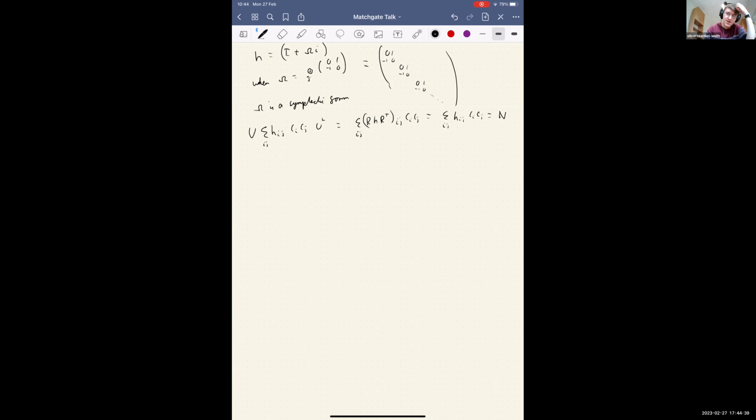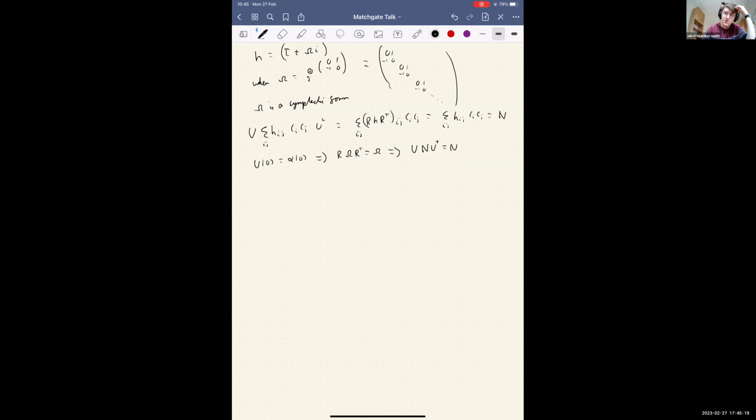So, okay, we have the following chain of implications. U|0> = alpha|0> implies that R omega R transpose is omega. This implies U n U dagger is n, which implies that U actually preserves the number of fermions in the system, always. So we started with U maps |0> to |0>, so it maps the state with no fermions to the state with no fermions.